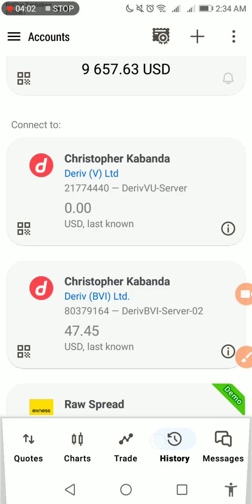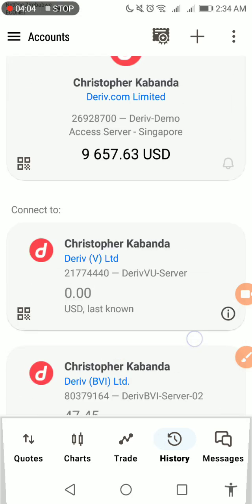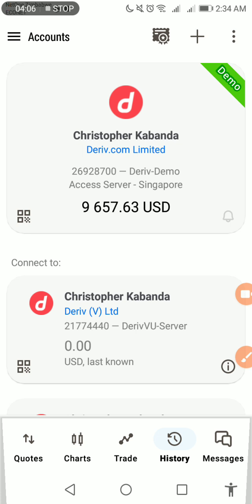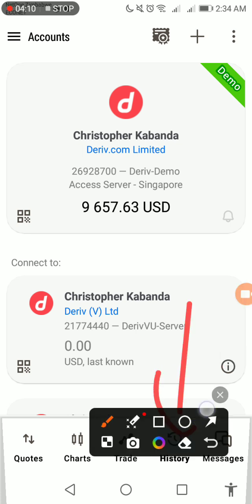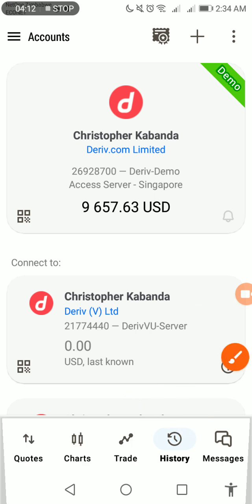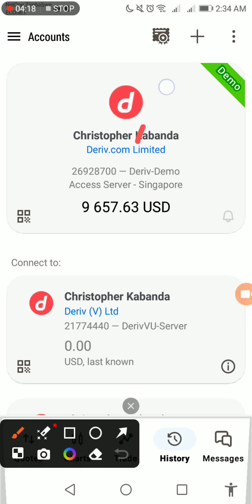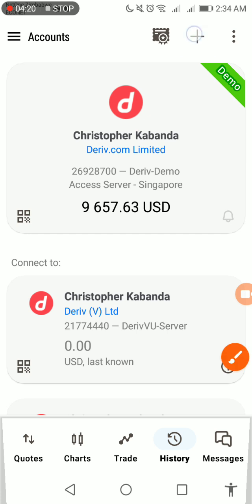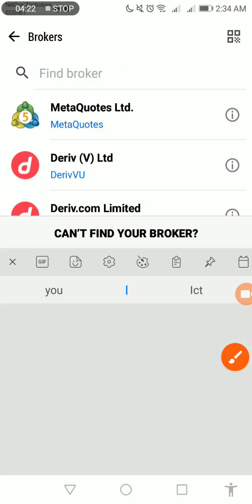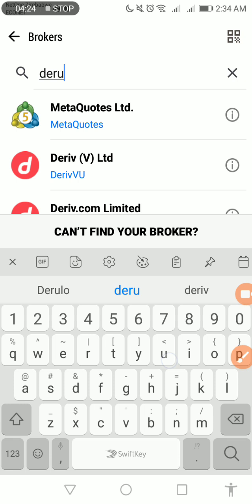Then for those still new to trading, you can log in to these accounts to see my performance going to the trade history section. So if you download the MetaTrader 5 application, not 4, if you use Android, you can select that plus sign, then you type in Deriv.